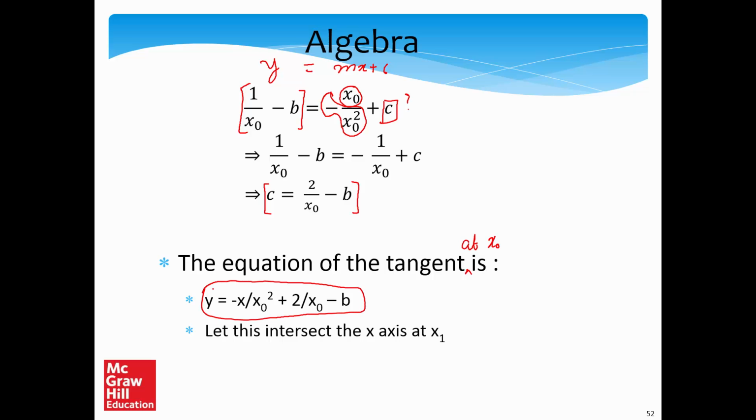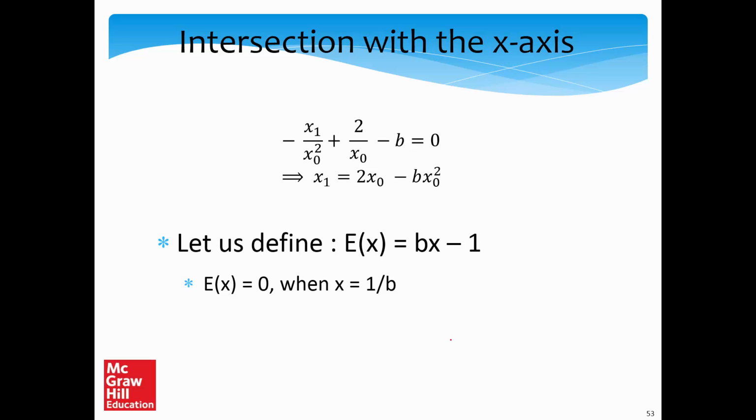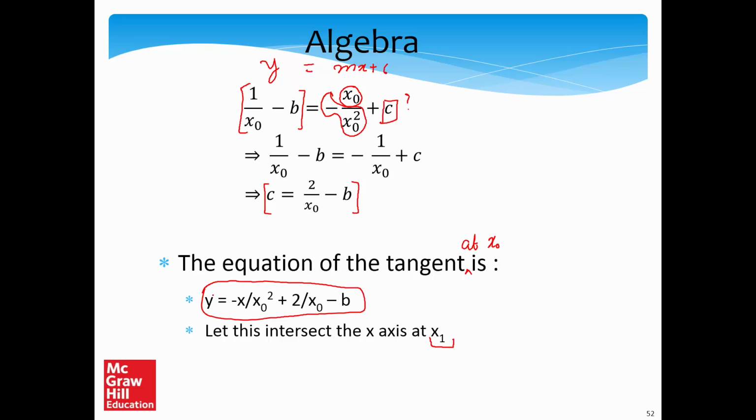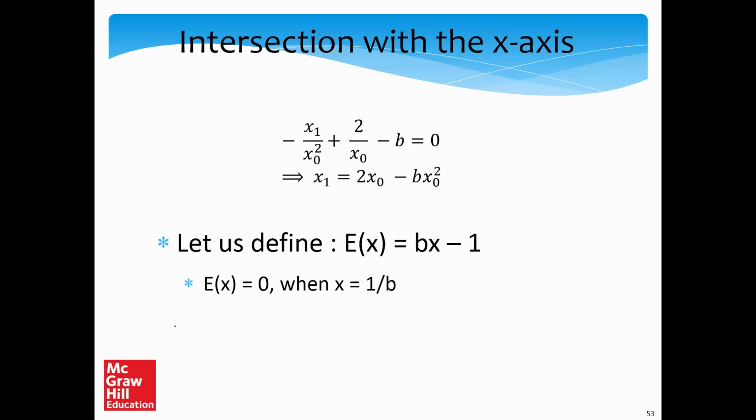Let this tangent, this line, intersect the x-axis at point x1. We need to find this point x1. What we know is that when it intersects the x-axis, y is equal to 0. So we can say that 0 needs to be mx + c.